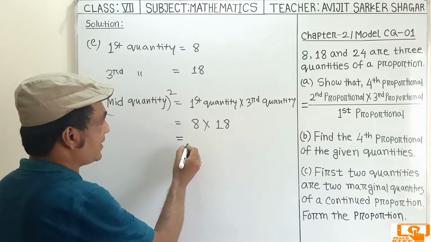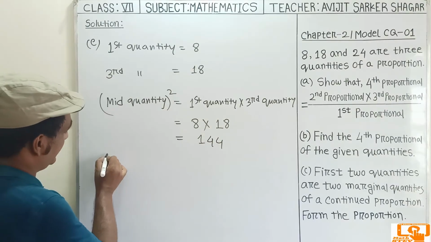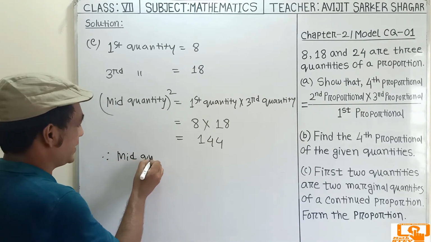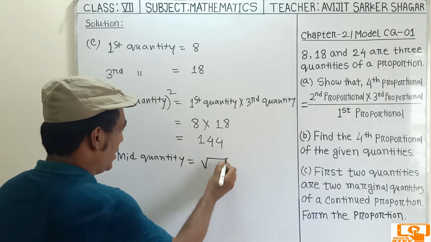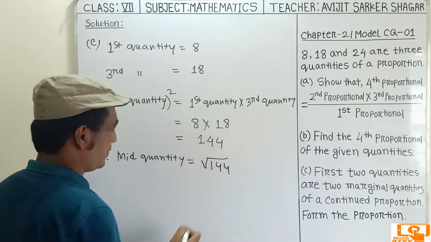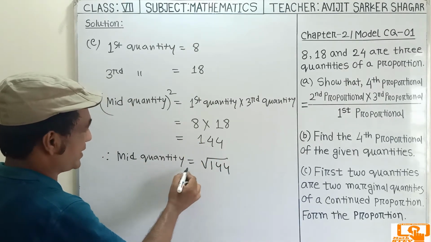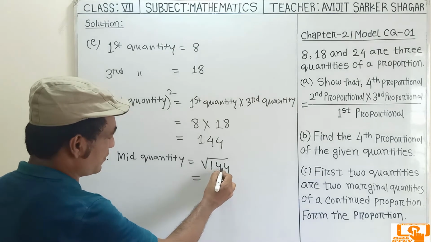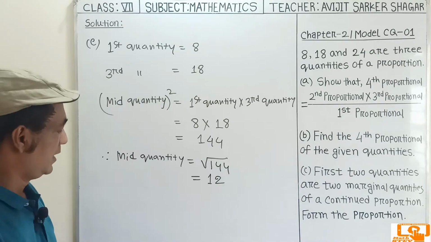The multiplication of this is 144. Therefore mid quantity equals square root of 144. Okay, mid quantity squared equals 144, so mid quantity equals square root of 144, and the square root of 144 is 12.